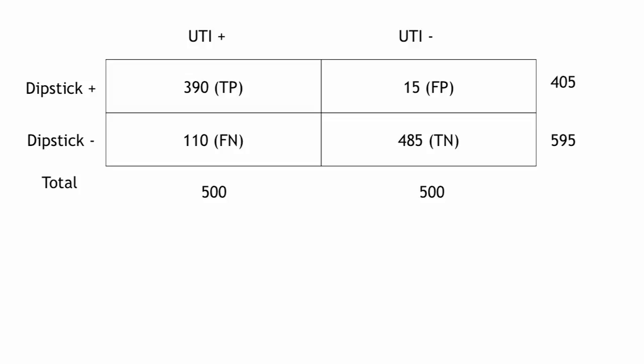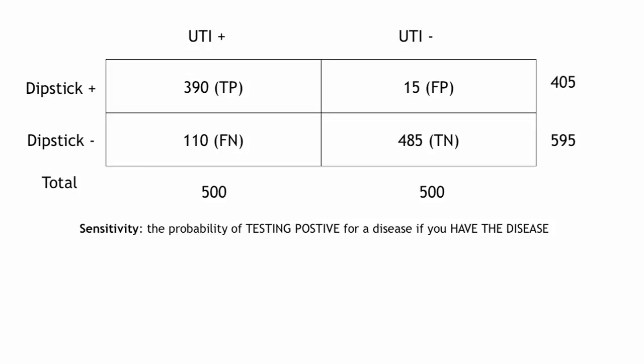So we would also have 110 patients who have a negative dipstick but a positive urine culture, and these would be our false negatives. We know that sensitivity is the probability of testing positive for a disease if you have the disease.